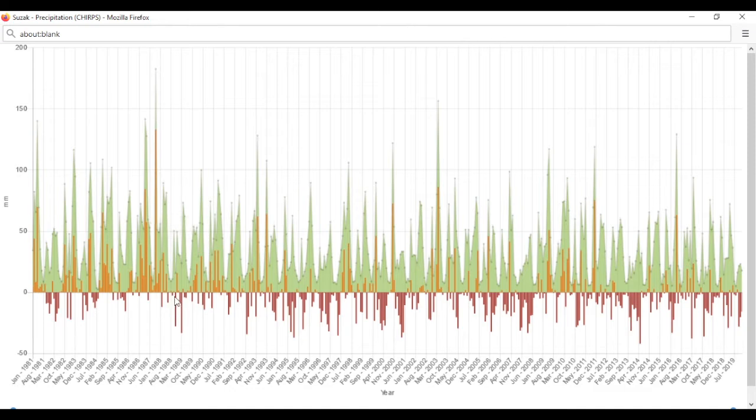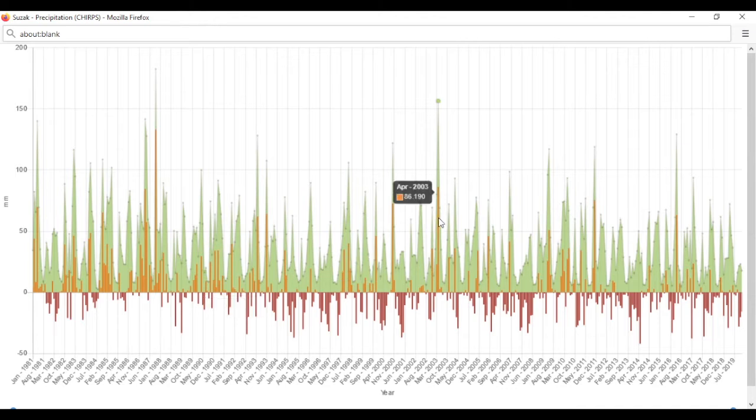So the negative deviations have been intensified since the 90s. This reflects the loss of total annual precipitation that we saw before, because these statistics are for Susak. And the positive deviations continue to happen in spring and autumn as in the last 40 years.